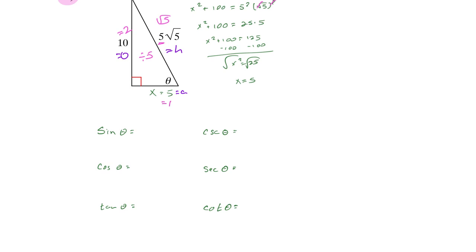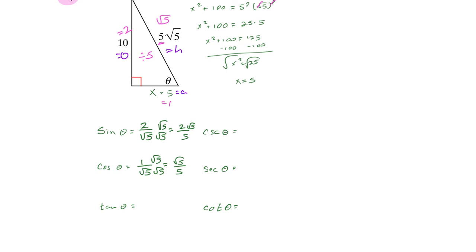So that means that sine of theta is 2 over the square root of 5. So I'm going to rationalize here. So I got 2 square root of 5 over 5. Then cosine of theta is 1 over the square root of 5. Again, I'm going to rationalize. Equals square root of 5 over 5.